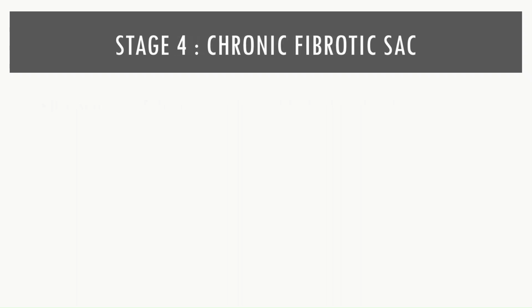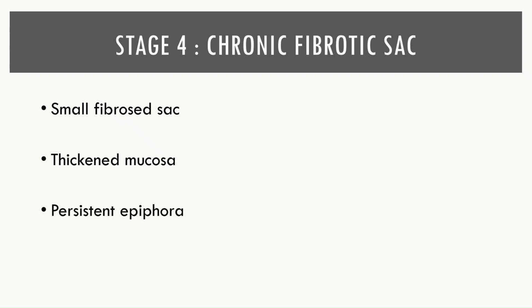Stage 4, chronic fibrotic sac. Low-grade repeated infections for a prolonged period ultimately result in a small fibrotic sac due to thickening of the mucosa. It is often associated with persistent epiphora and discharge.